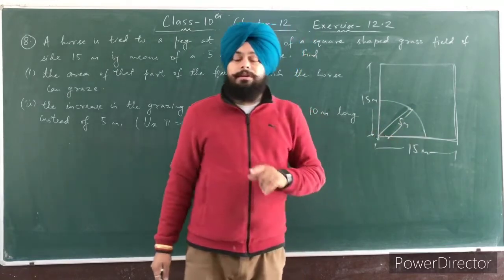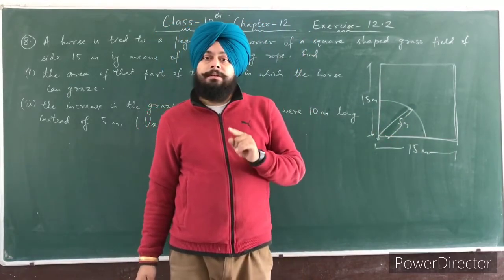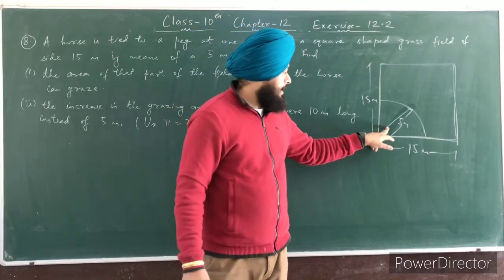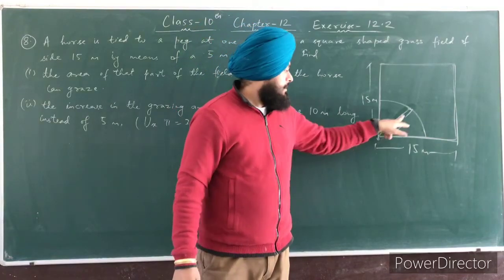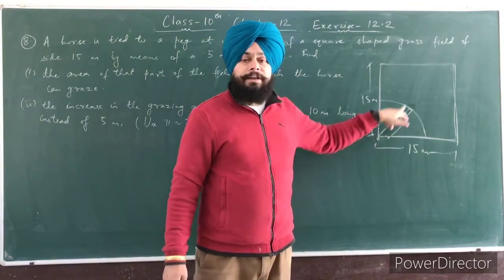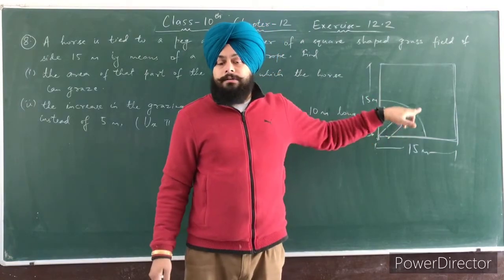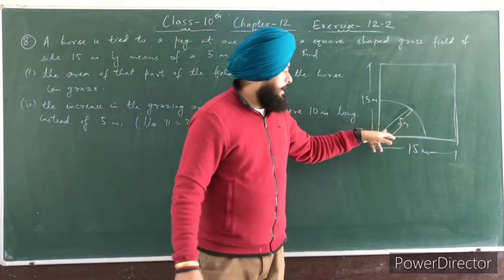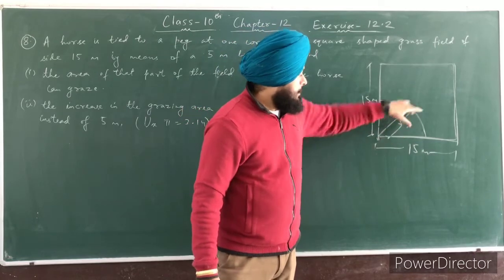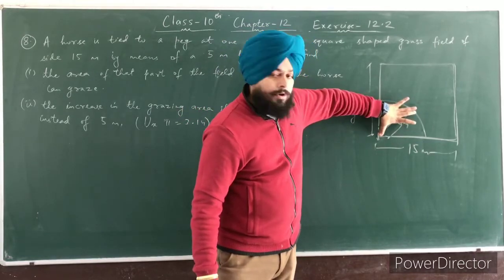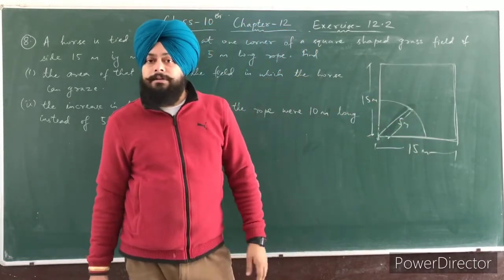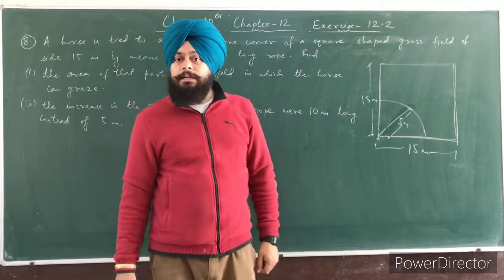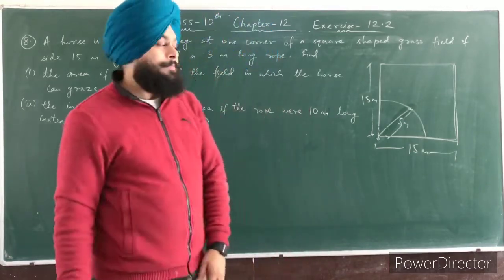We know that the vertex angle of a square is 90 degree. So theta is 90 degree, and the length of rope is the radius of that quadrant, or you can say circle. The radius is 5, and theta is 90. So we can easily find the area of the sector.